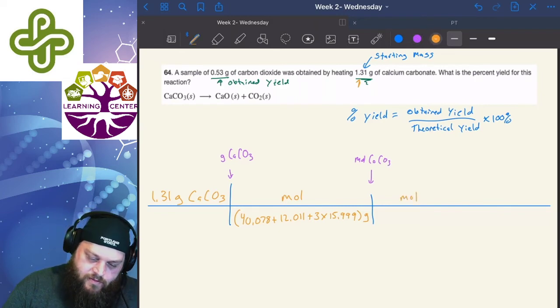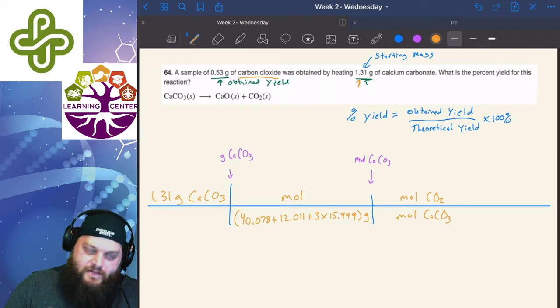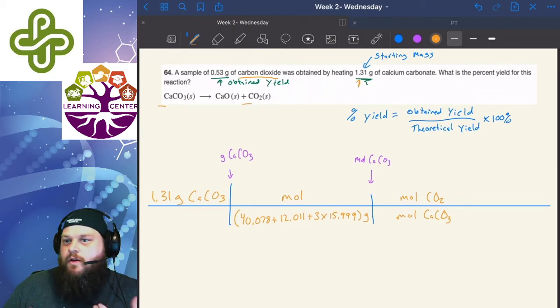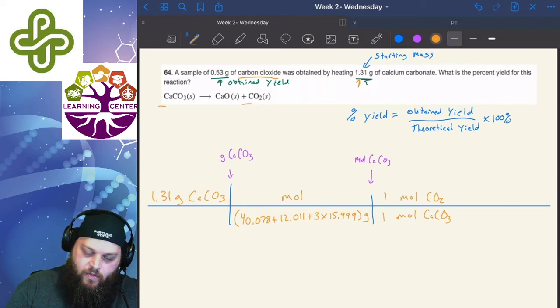We need to find moles of CO2, because that's what they're producing here, and moles of CaCO3. So we need to figure out the ratio between those two things. We can look at the equation and find the coefficients for those two compounds, which again is going to be 1 to 1.